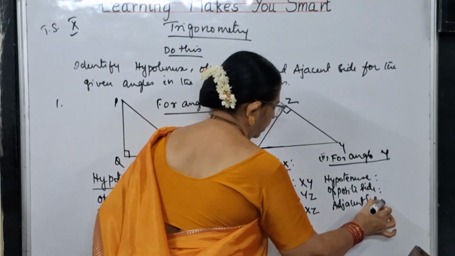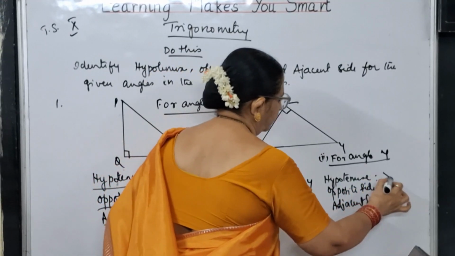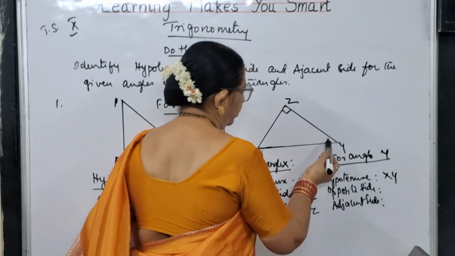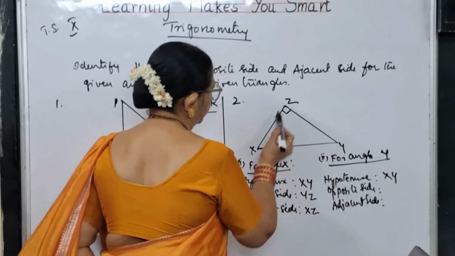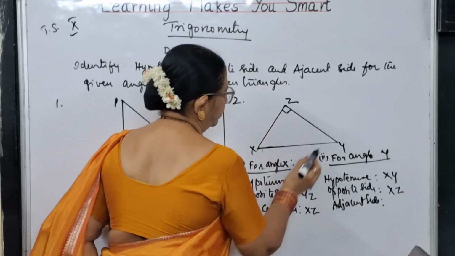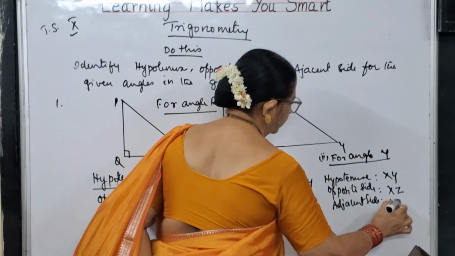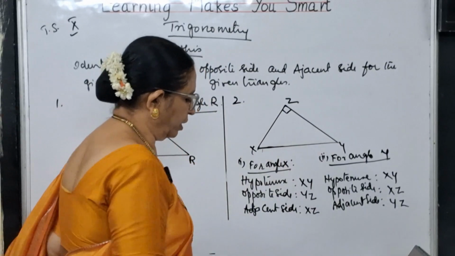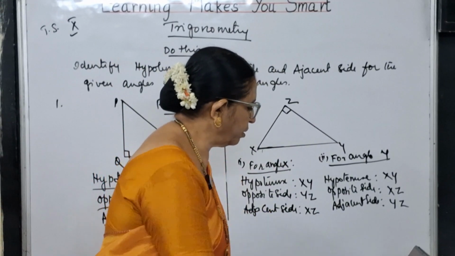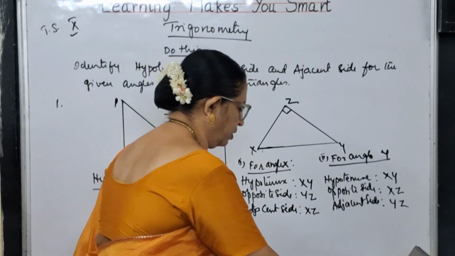So hypotenuse anyway it is same, that is XY. Opposite side for angle Y: for angle Y opposite side is XZ. And for angle Y adjacent side is YZ. So whatever explanation that I have given earlier, the same thing you are going to have here, children.